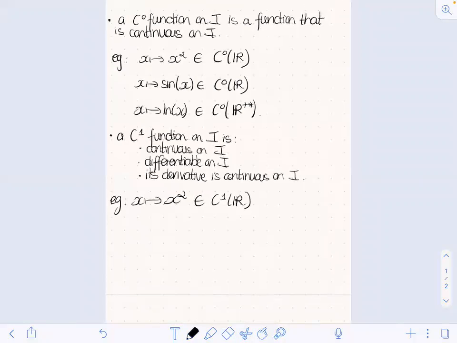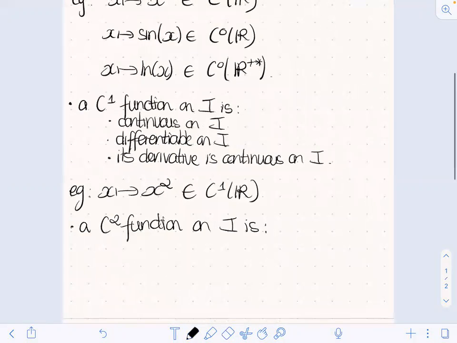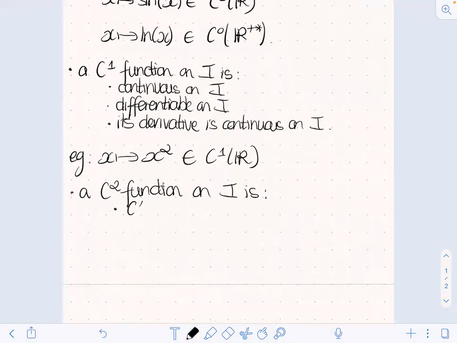We can generalize this idea. We don't use the CK classes that much yet, but a C2 function on I is basically C1, meaning all the properties for C1 functions hold: it's continuous, differentiable, and its derivative is continuous.